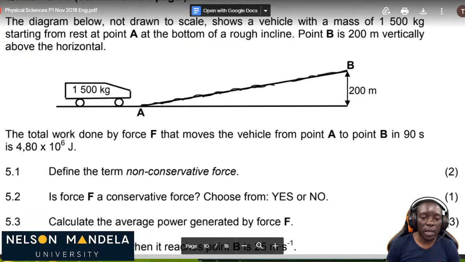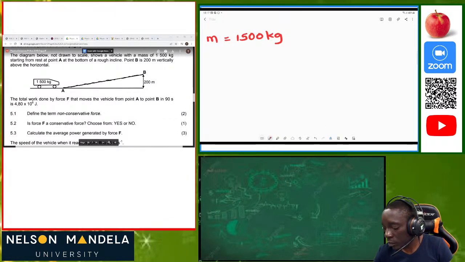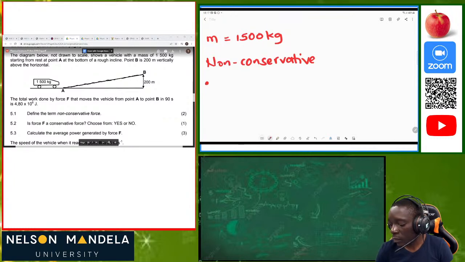Define the term non-conservative force. So when do we say a force is non-conservative? We have two things to define here.